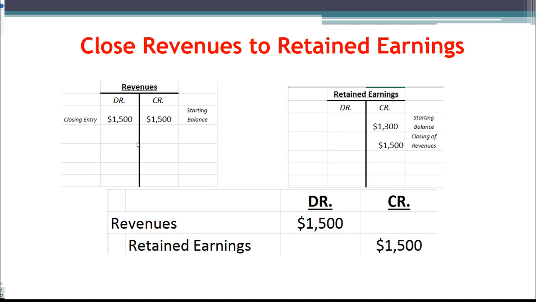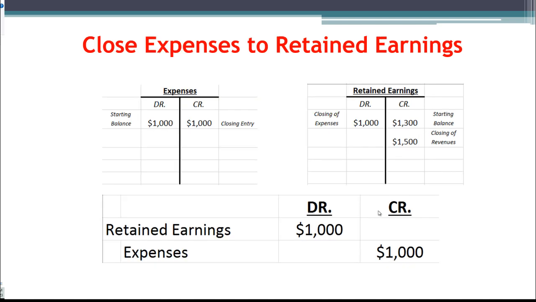That leaves us with a zero balance in the revenue account as we want. And the credit to that entry, again, was to move it over to retained earnings. It already had a credit balance up to this point. That's the normal balance of retained earnings. We are adding a $1,500 credit. That's our second piece of our revenue journal entry.